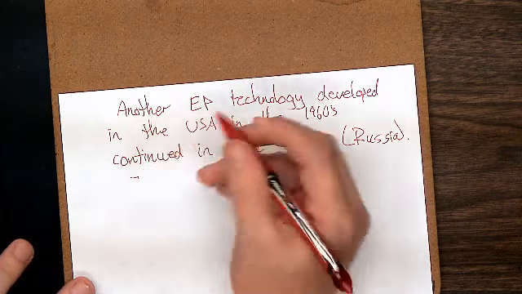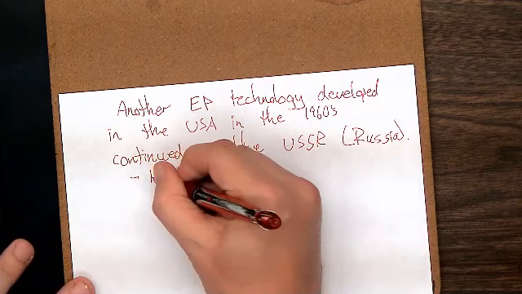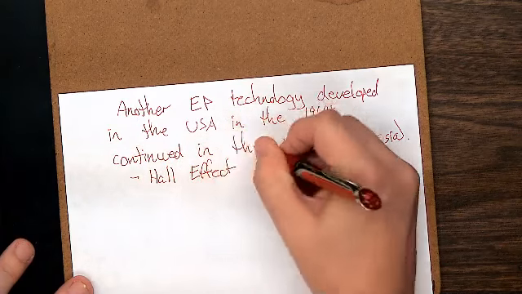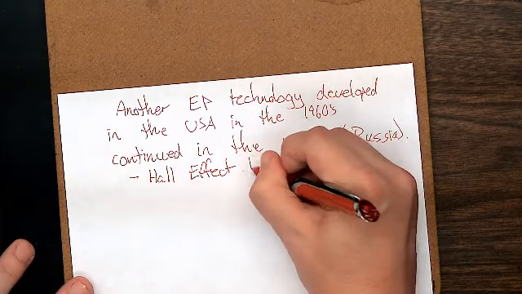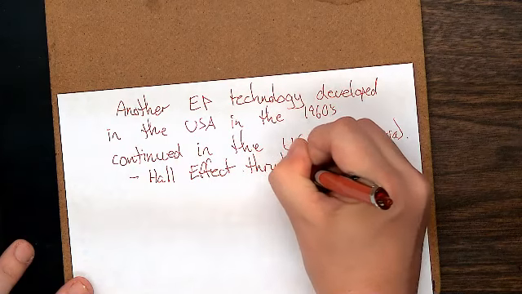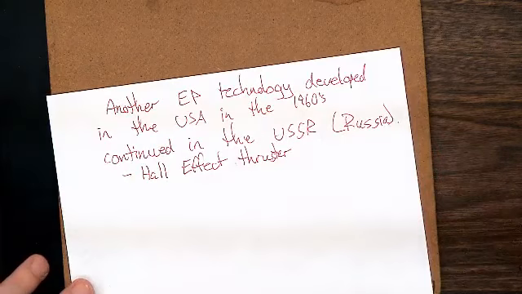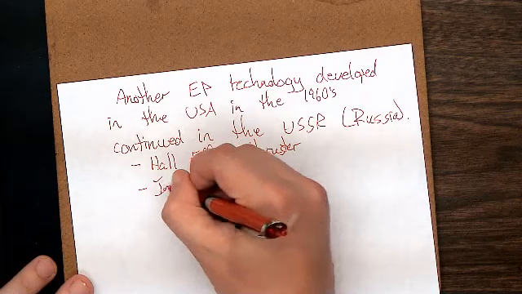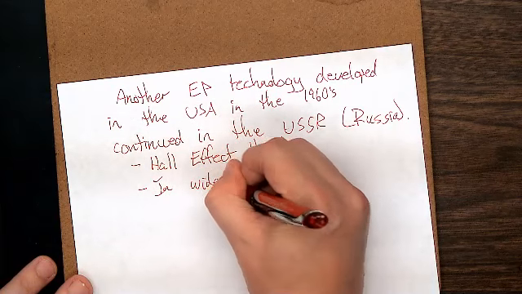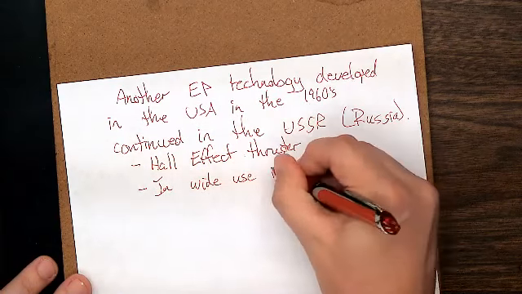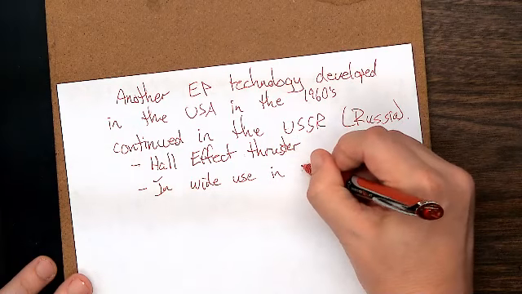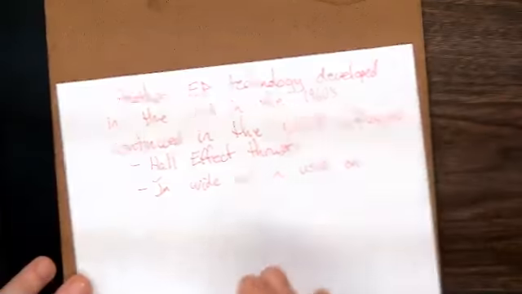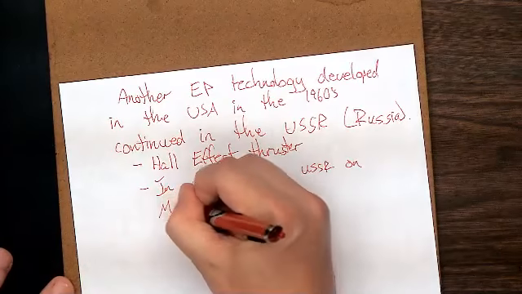This was the Hall effect thruster. And it was in wide use in the USSR on their Meteor satellites.